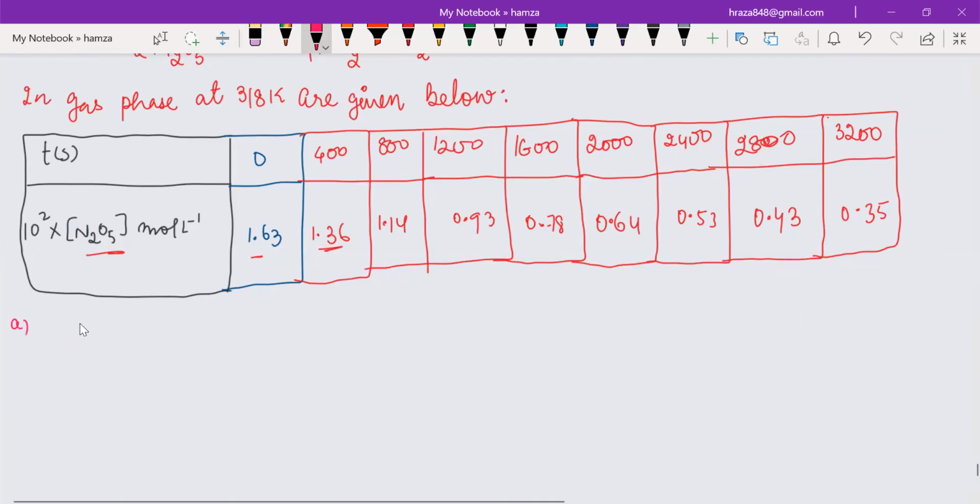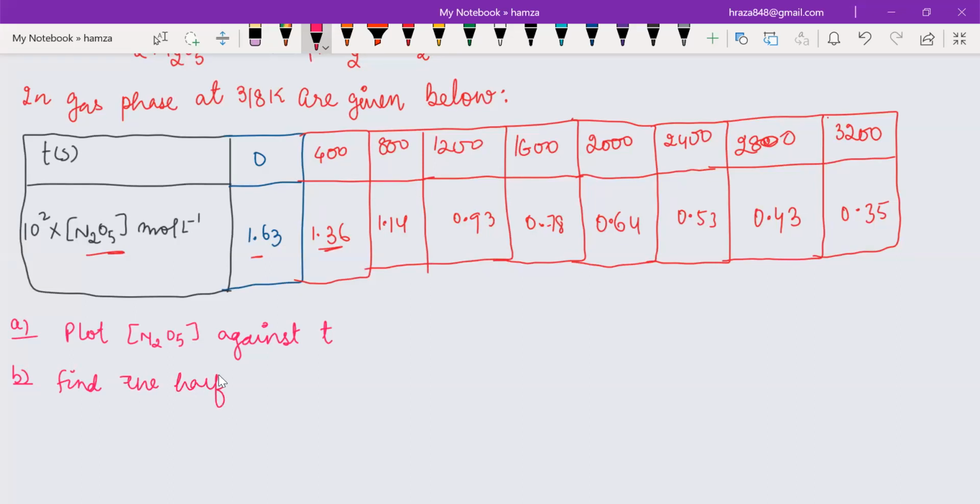Thank you. The first question asked is plot the concentration of N2O5 against T. The second question is find the half-life period for the reaction.